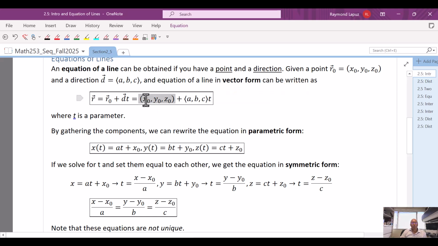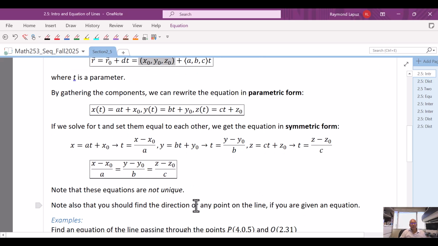If you use a different point, as long as it's on the line, it would also look different because your equation is based on the point that was given and the direction that was given. You know how you write y equals mx plus b, and when you simplify that, that is a unique form of the line. Well, it turns out that when you're doing this in 3 dimensions, your equations are not going to be unique.